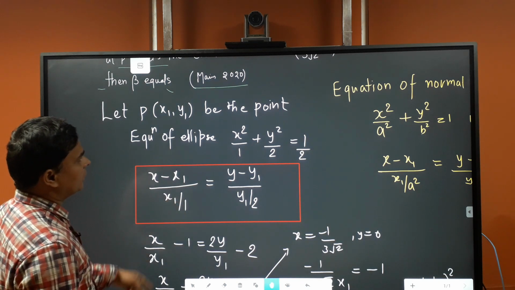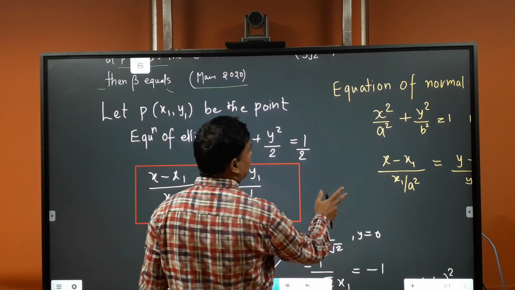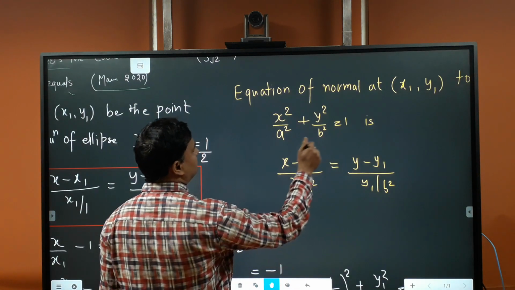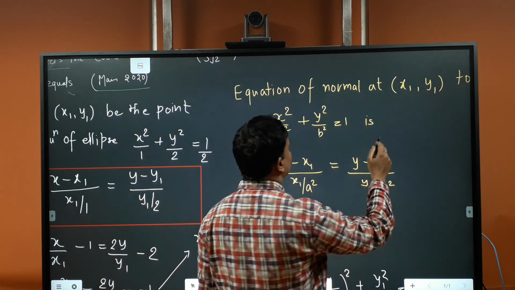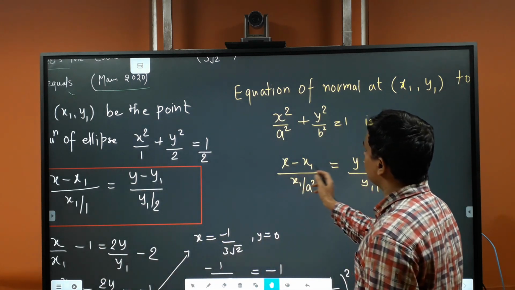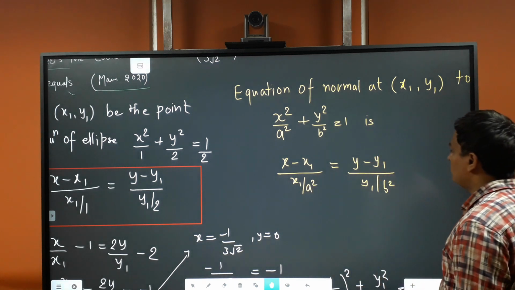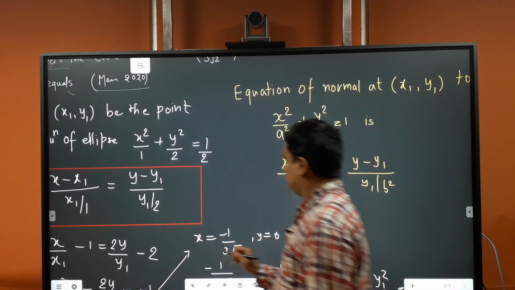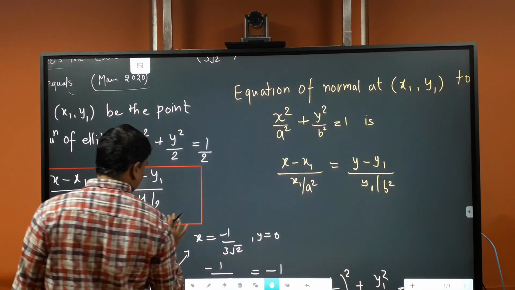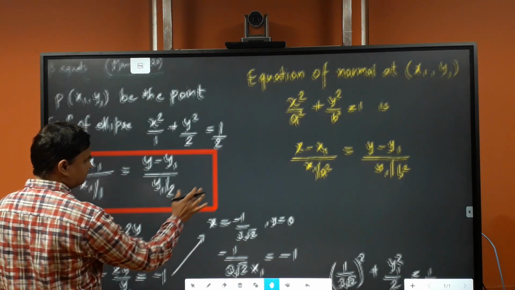We know that the equation of the normal to an ellipse x square upon a square plus y square upon b square is equal to 1 at point (x1, y1) is given by (x minus x1) upon a square and (y minus y1) upon b square. This we have derived. If you remember, we derived it in the class.